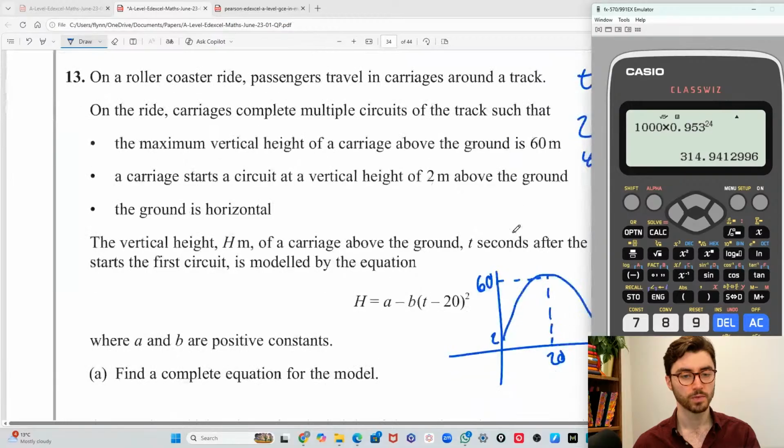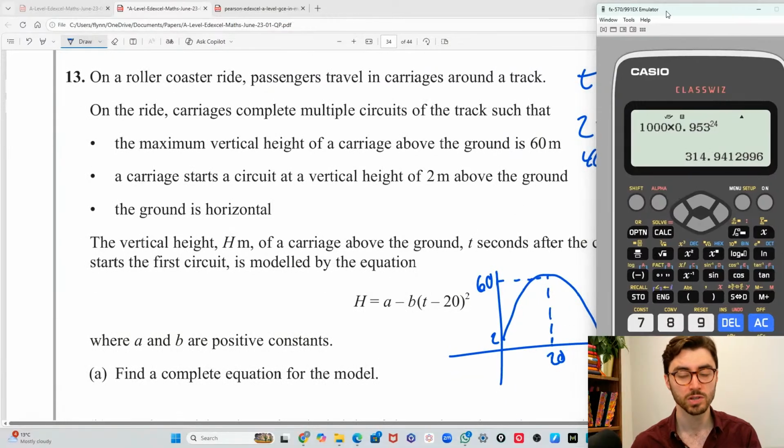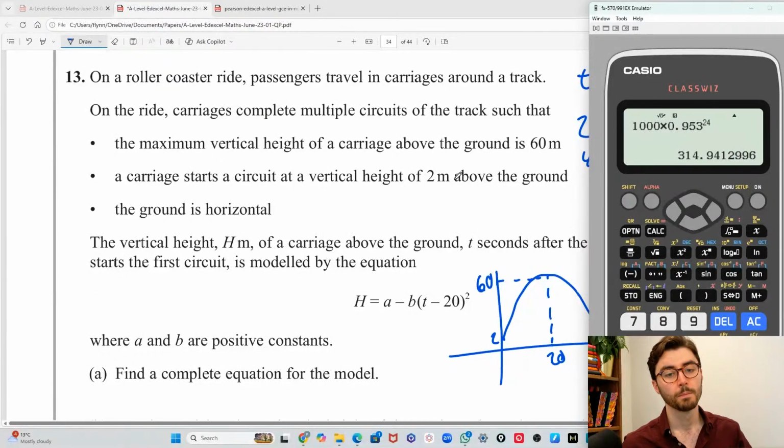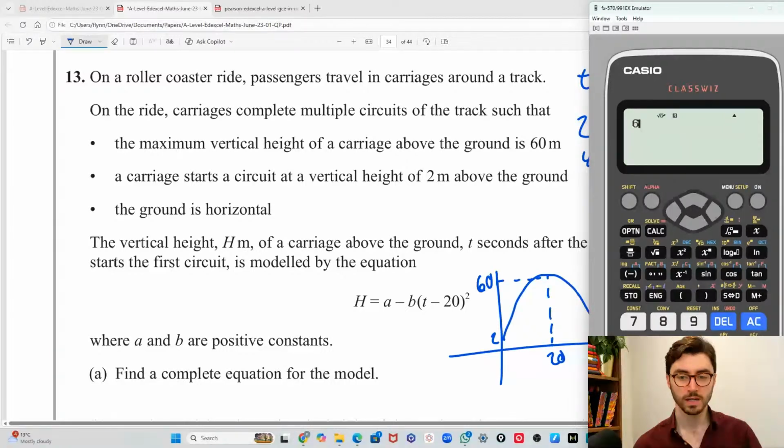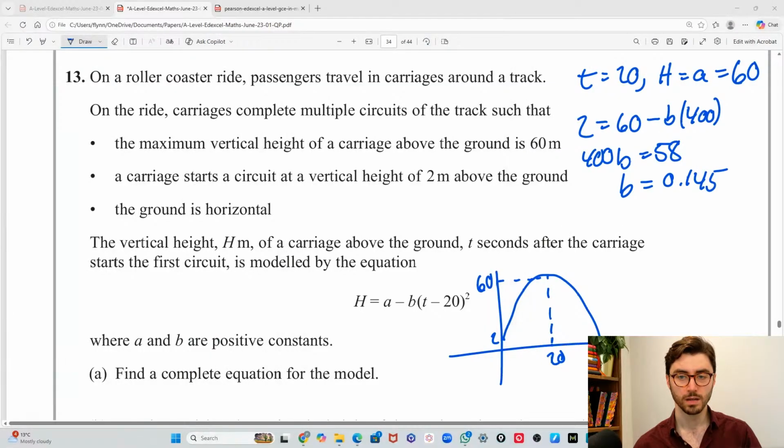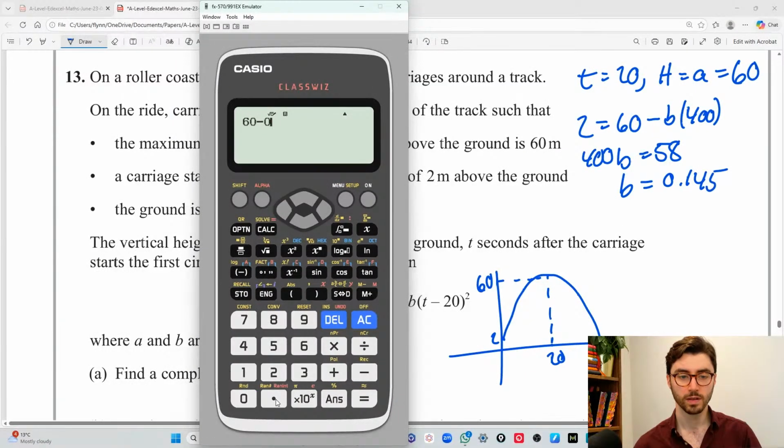find a complete equation for the model. What we can do is test this to make sure it predicts what it needs to predict. So when t equals 0, why don't I just plug in what I've got? So I said it was 60 minus, what did I say, 0.145 lots of 0 minus 20 bracket squared.